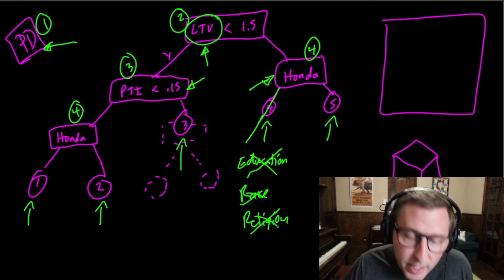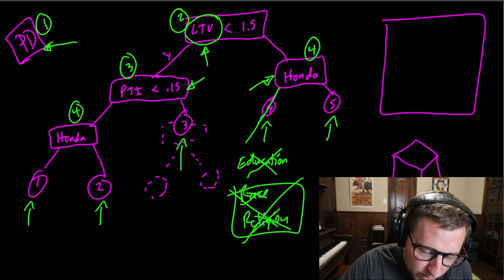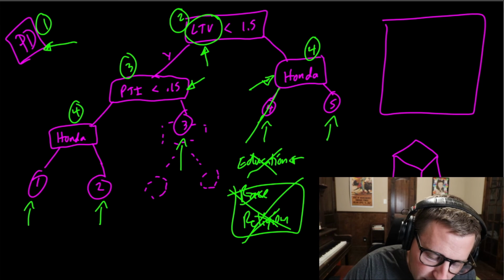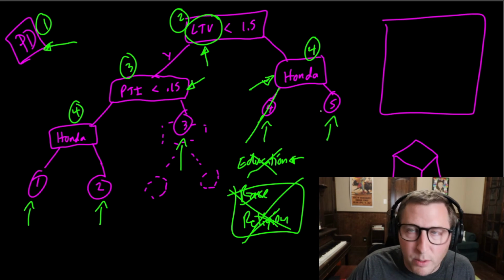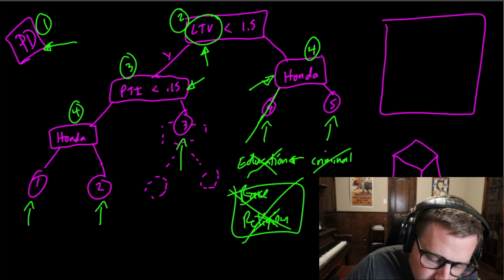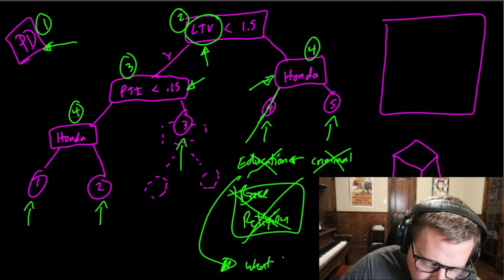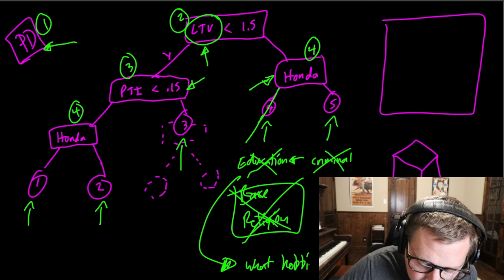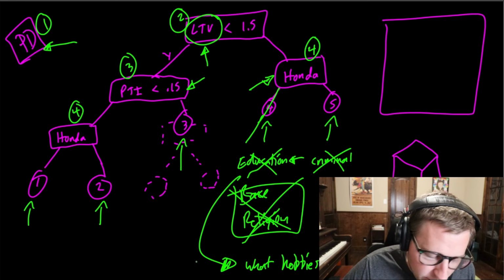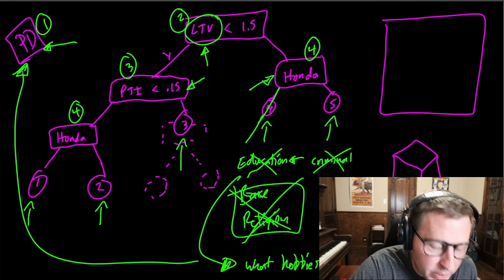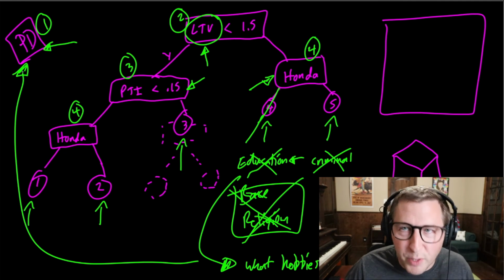For me, these get to gray area. So these are big no-nos. But when you get to things like education, maybe criminal status, maybe that's a bad example, but more specifically, what hobbies you have. Your hobbies should have no bearing on your probability of default on an auto loan, so they shouldn't be in the model.